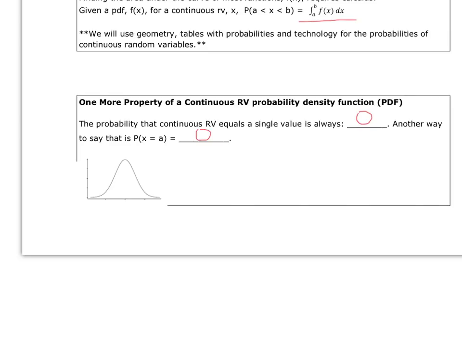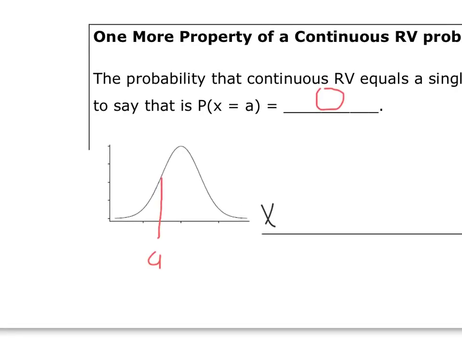So if we've got this value a here that x takes on, so we got x here and we've got f of x along the vertical. Okay, so the probability that x equals a is going to be the area under the curve.